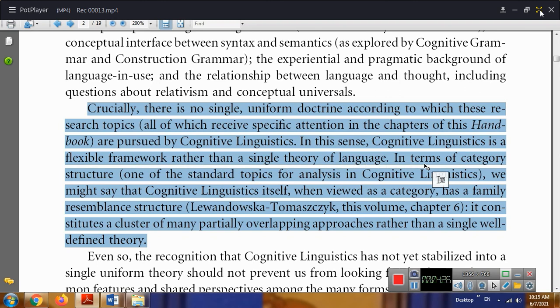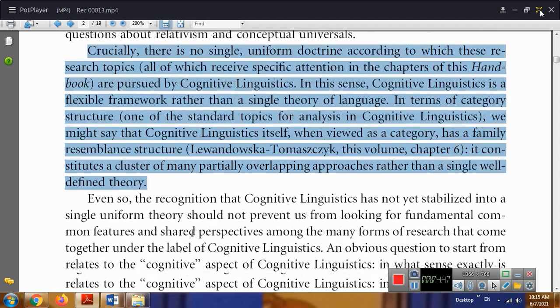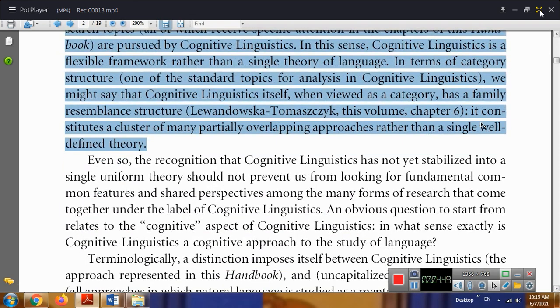In terms of category structure, one of the standard topics for analysis in cognitive linguistics, we might say that cognitive linguistics itself, when viewed as a category, has a family resemblance structure. It constitutes a cluster of many partially overlapping approaches rather than a single well-defined theory.